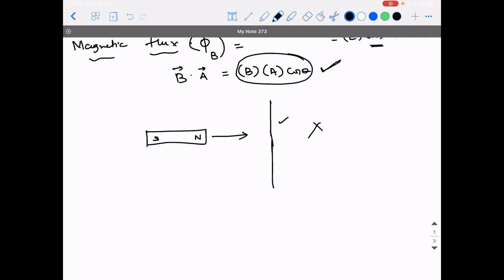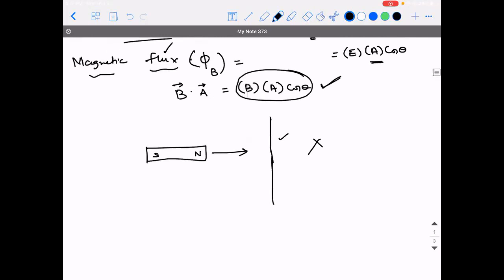This kind of a phenomenon can be observed only when you have a closed surface. And that was the main reason why I was speaking about flux. So when you talk about flux, you cannot talk about flux passing through a linear conductor because it is not a closed surface. What did you define flux as?